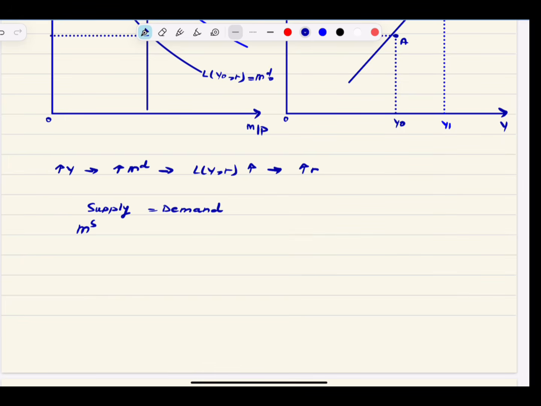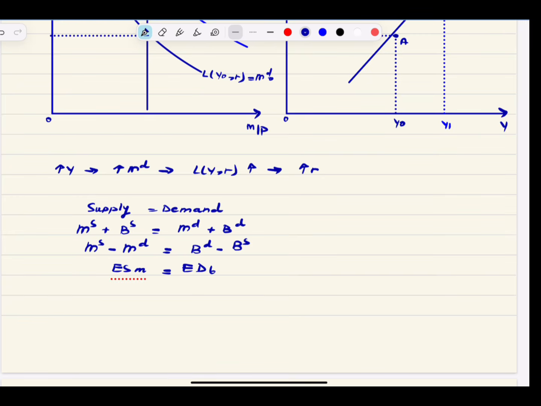So the supply of money and the supply of bonds should equal the demand for money and the demand for bonds. Therefore, if I just take money on the right side and bonds on the left side, I'm going to have this equation that excess supply of money is the same as excess demand for bonds.